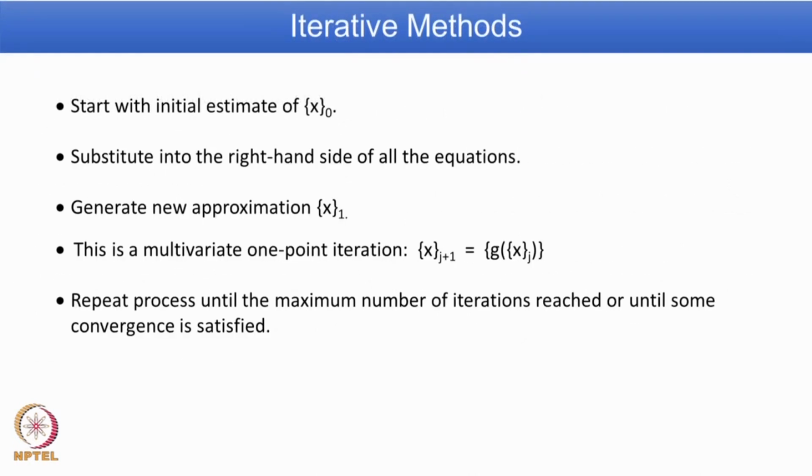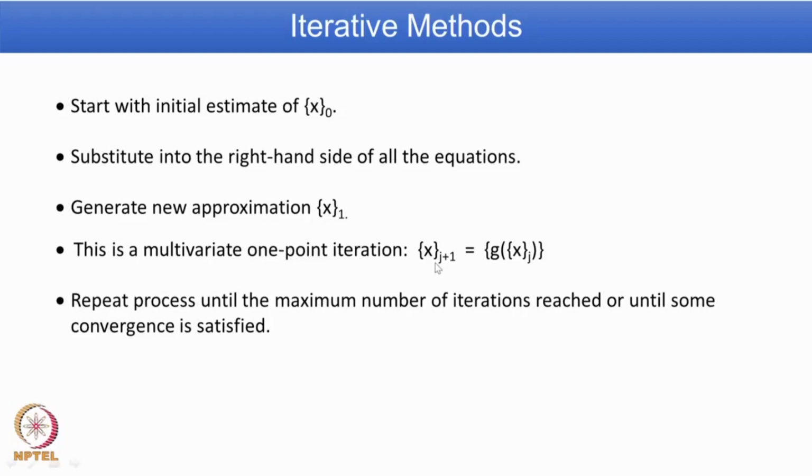So, we start with the initial guess, that is x at 0, then substitute into the right hand side of all the equations, and generate a new approximation value, which we call x of 1. In this way we go on repeating, and this is a multivariate one point iteration.